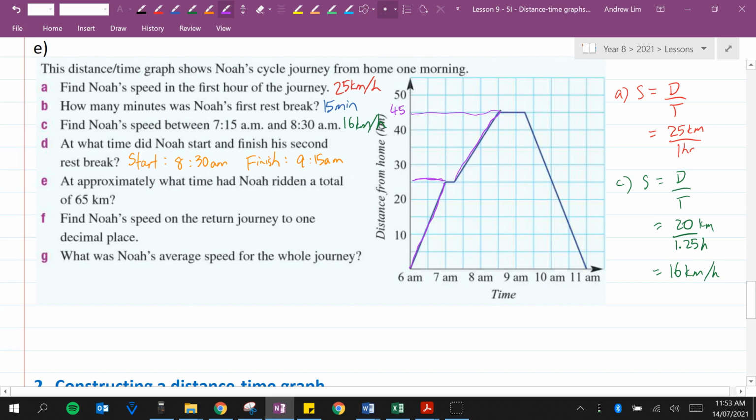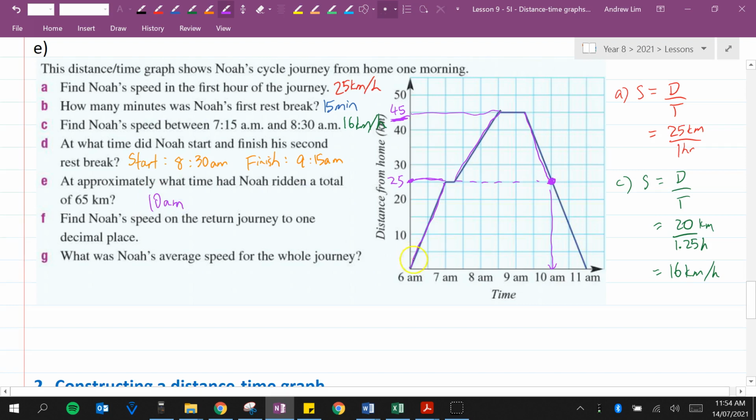So in order for him to ride 65, he needs to ride another 20 kilometers. So he needs to ride back. What's 45 minus 20? It's 25, which is back here. So we're going all the way up to here. At this point, at 10 a.m., he has ridden 65 kilometers.